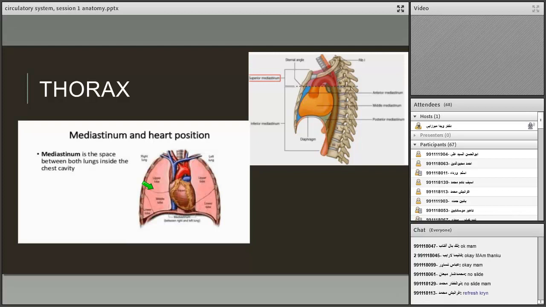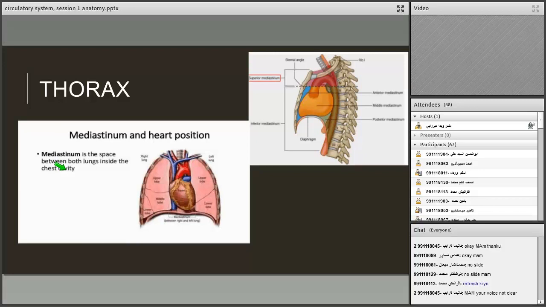Two big parts of the thoracic cavity on the right and left sides are occupied by the lungs, right and left lung. And the space between these two parts is called the mediastinum. So the mediastinum is the space between the two lungs inside the chest cavity. The chest cavity is divided into the lungs and the mediastinum.